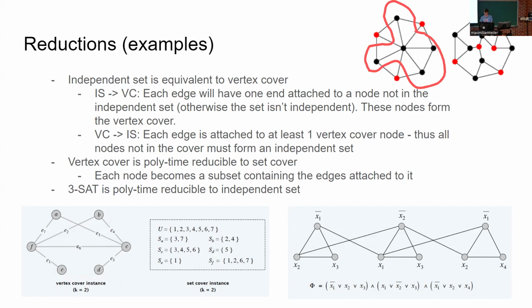And vertex cover can also be reduced to set cover. It's just like this diagram down here. Essentially, if you make a set where each edge is a value, and then you group them by what nodes connect to what edges, by taking the nodes attached to certain edges, like here, F, we'd be taking this set.